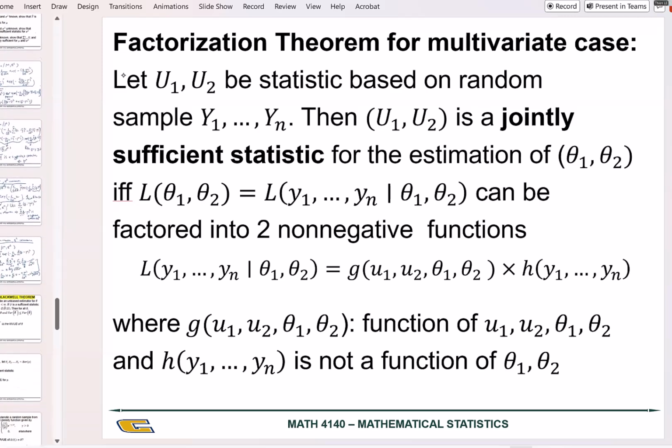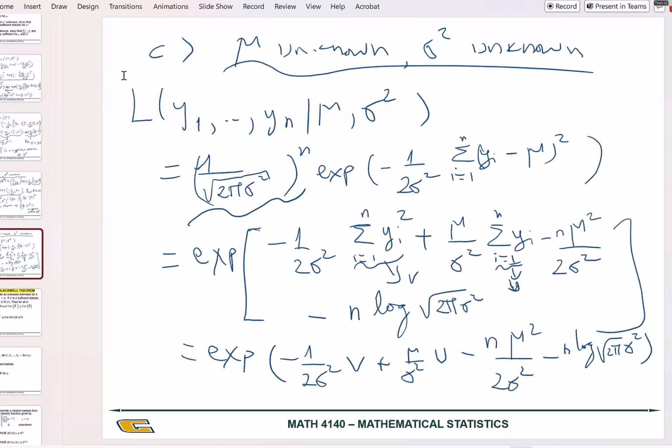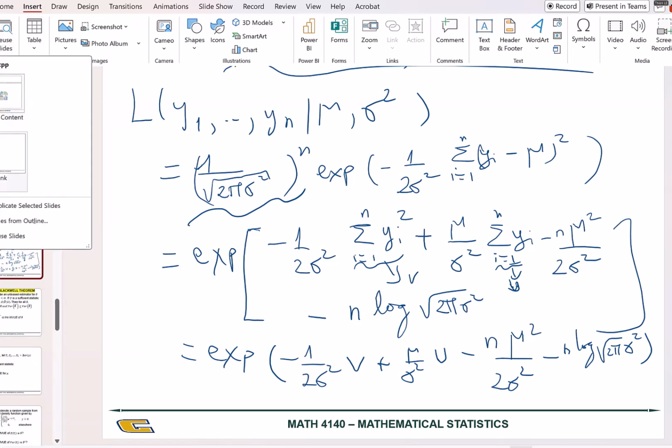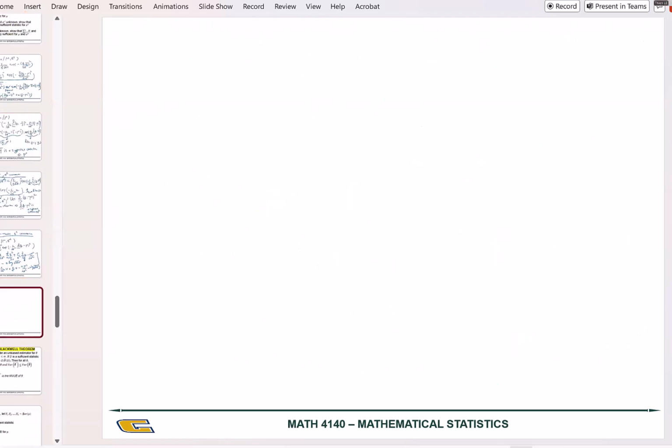So at this time, you have U and V as jointly sufficient for mu and sigma squared, because of the multivariate factorization theorem.